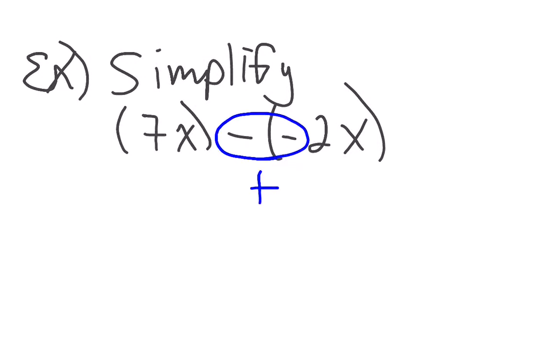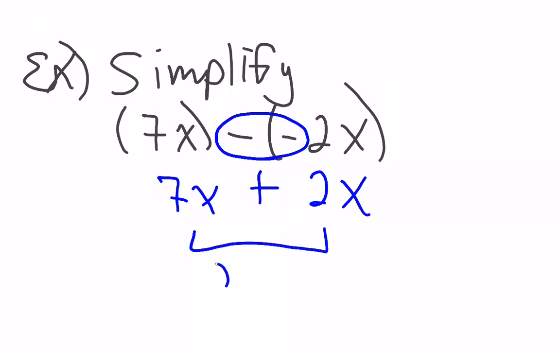It becomes a positive. So we have 7x plus 2x. So we realize that these parentheses that are there are just to help us keep things in order. It doesn't really have anything that we have to do on the inside. And then we realize that they are like terms. 7x plus 2x is 9x.